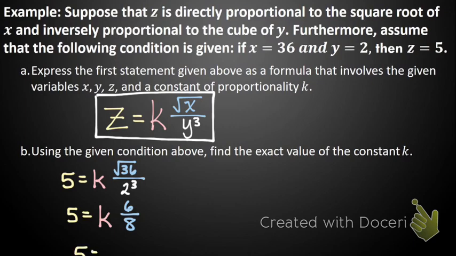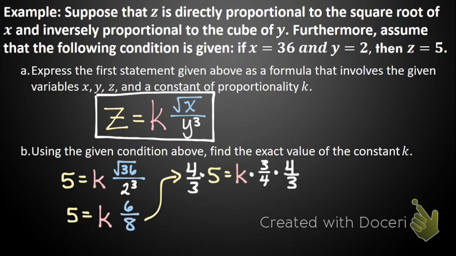So 5 equals k times 3/4. So I would multiply both sides by 4/3. And that's how I get k is equal to 20/3.